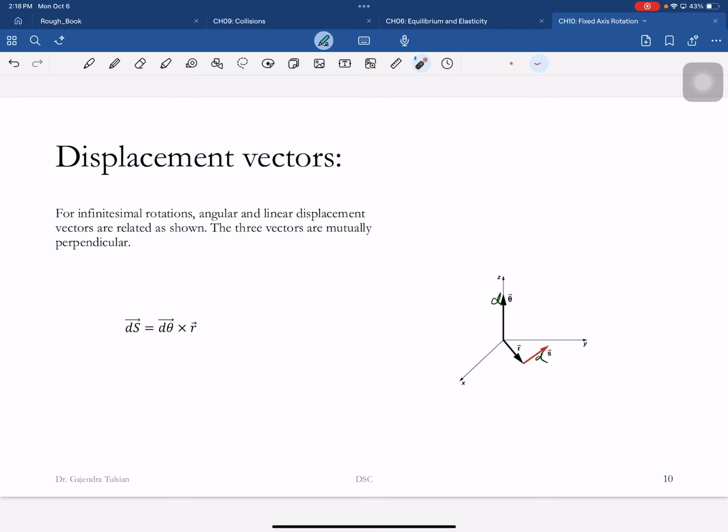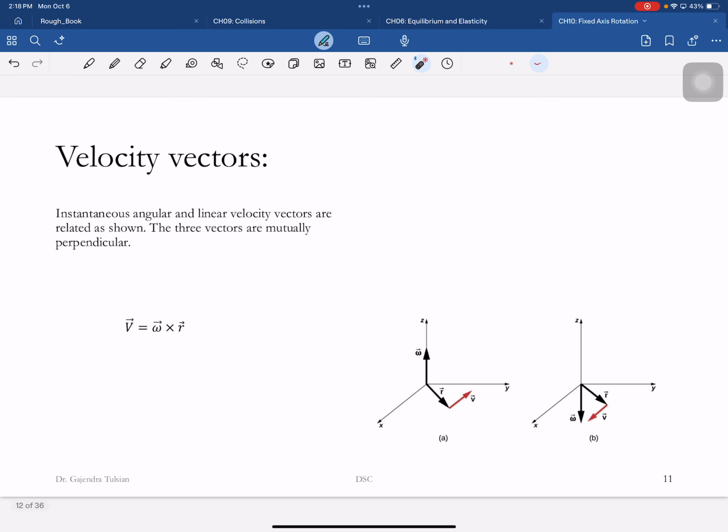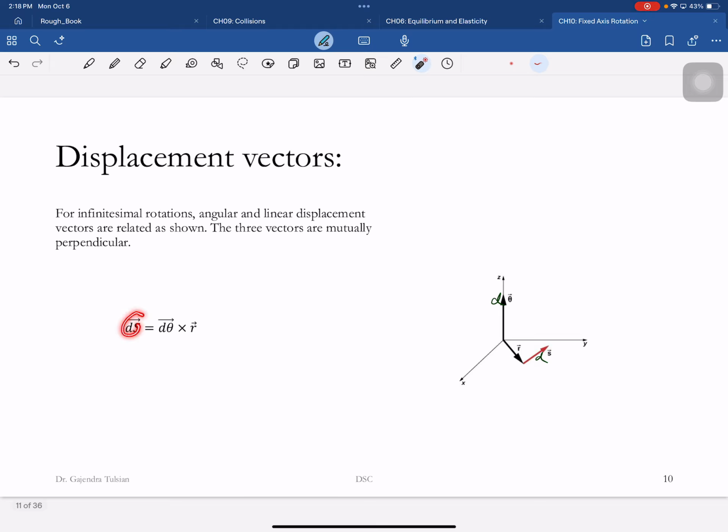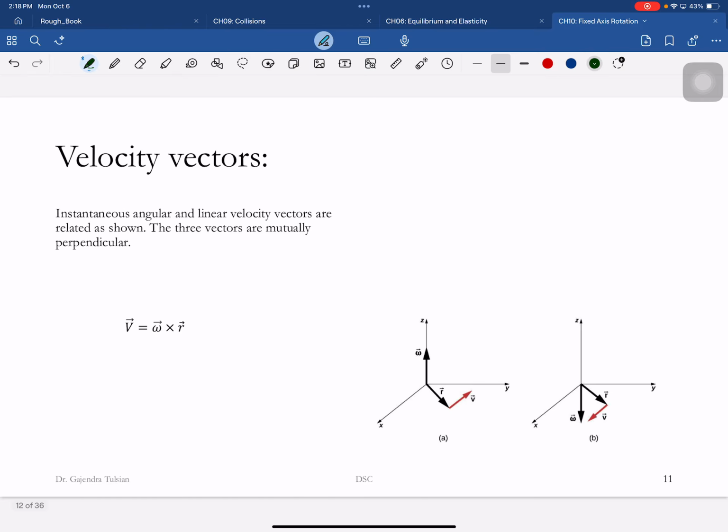If you take the time derivative of this, d theta by dt, this would be velocity. So the velocity of this point is equal to omega cross r. And that's what this formula is.